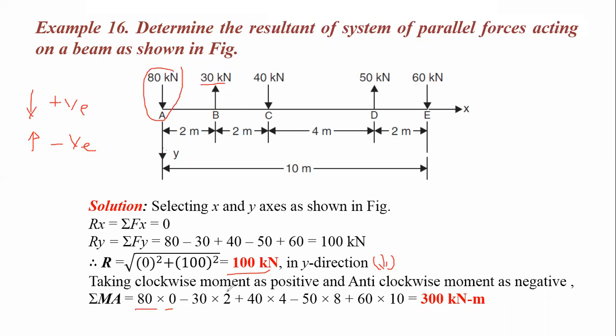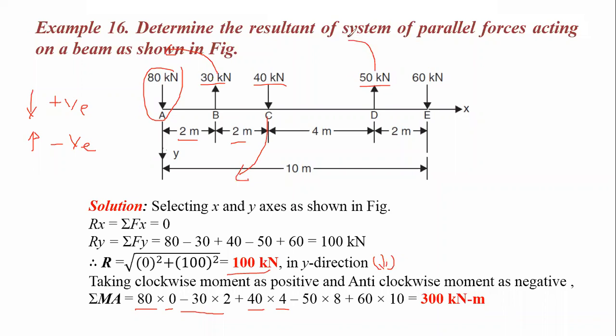Now this 30 kilonewton force makes an anti-clockwise moment about point A. That's why minus 30 into perpendicular distance of 2 meter. Now this 40 kilonewton force makes a clockwise moment about point A, and the perpendicular distance will be 2 plus 2, it becomes 4. That's why 40 into 4.